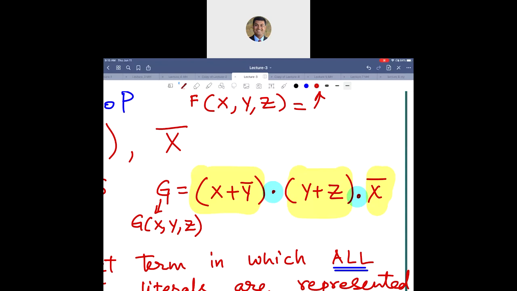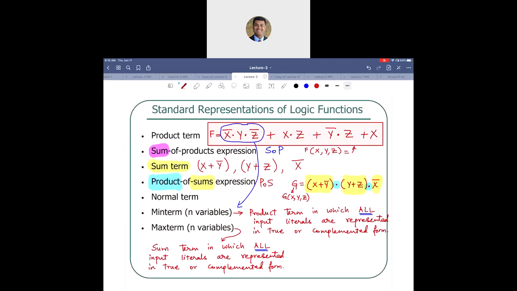You guys are absolutely right. No max terms in that expression, because the first sum term doesn't have z, the second sum term doesn't have x, the third sum term doesn't have y and z. So no max terms in that one.